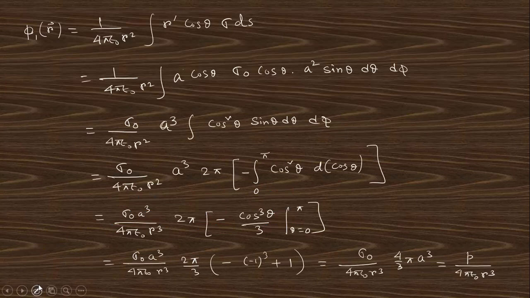The next term is the dipole term, which says 1 by 4 pi epsilon naught r prime cos theta into the charge sigma ds.